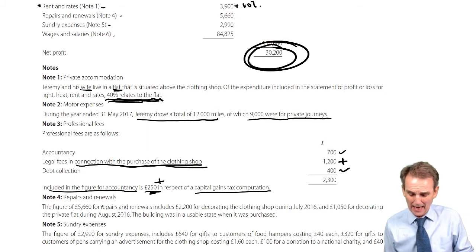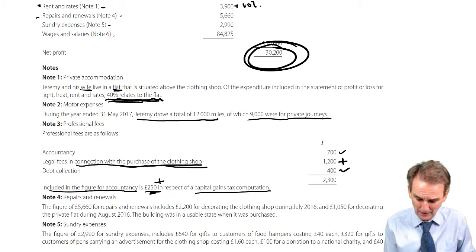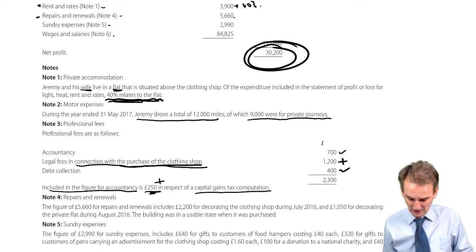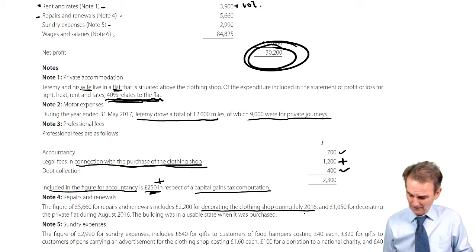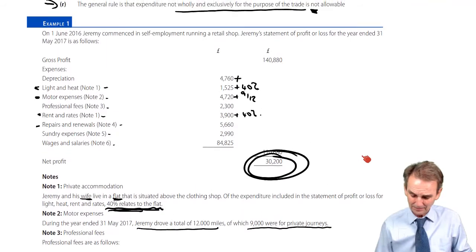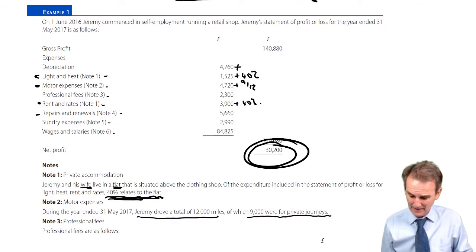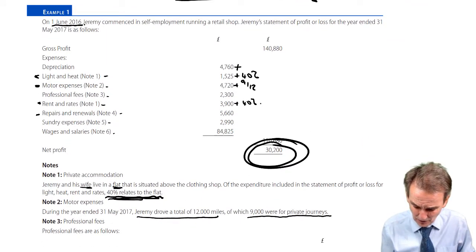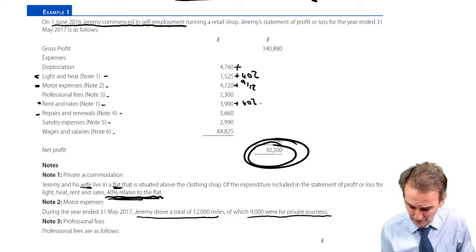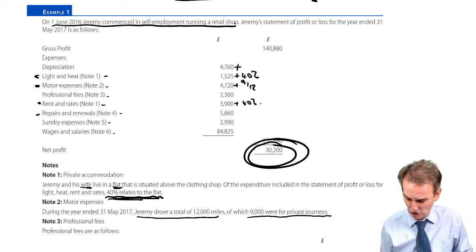Note 4, repairs and renewals. Here we go. We've got 5660 in total. What does it say? The figure of 5660 includes £2,200 for decorating the clothing shop during July 16. Now, the information that we had here about this business, we look back to the start here, is that on the 1st of June 16, Jerry commenced in self-employment running the retail shop.